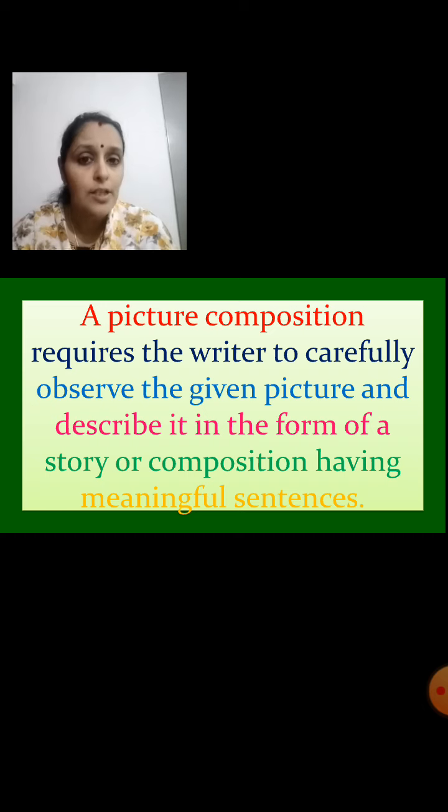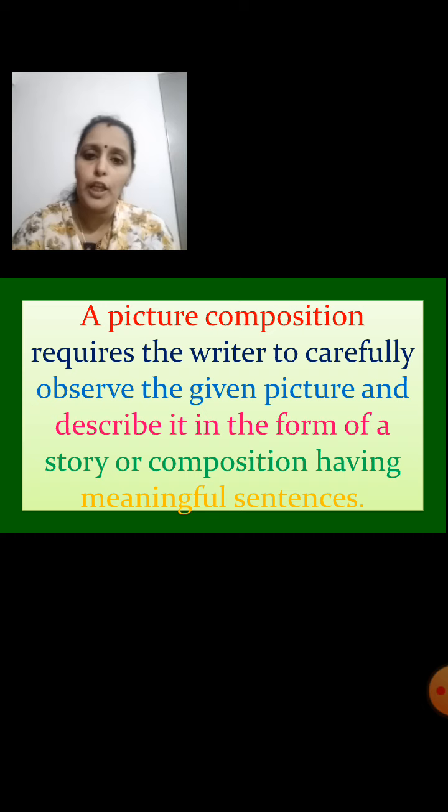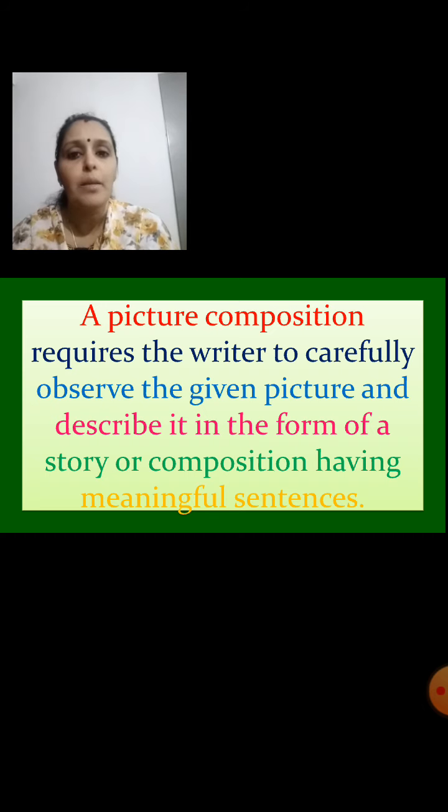You're going to be the writer because you're going to write the picture composition. Okay, now how will we do this? There are some steps that we have to follow to do this. So let us see what the steps are.